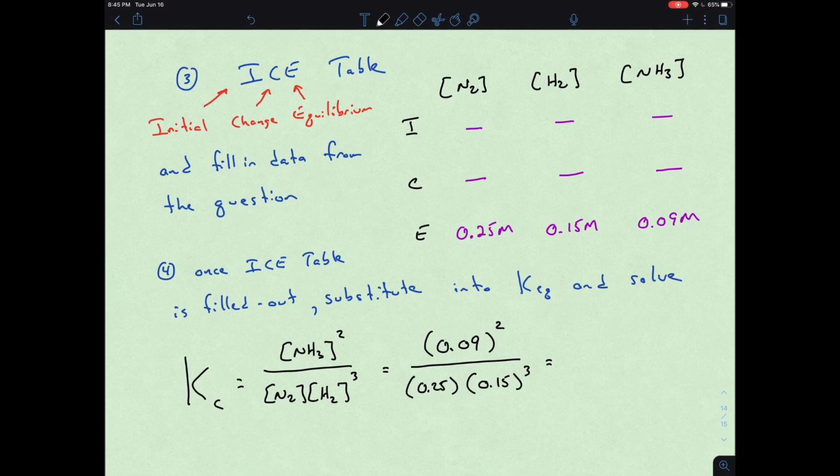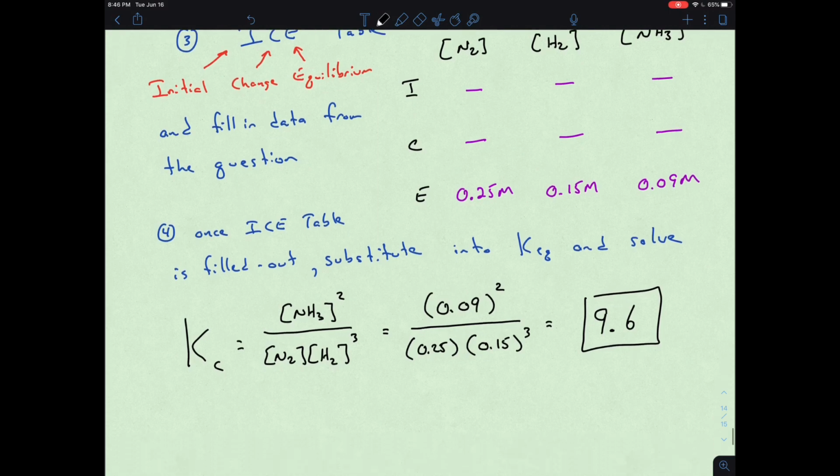And when we do that calculation, we get a value of 9.6. So that's our K sub C. Pretty straightforward. We just had the equilibrium concentrations. We plugged them into the equation according to the equilibrium reaction, and we get our K, in this case K sub C.